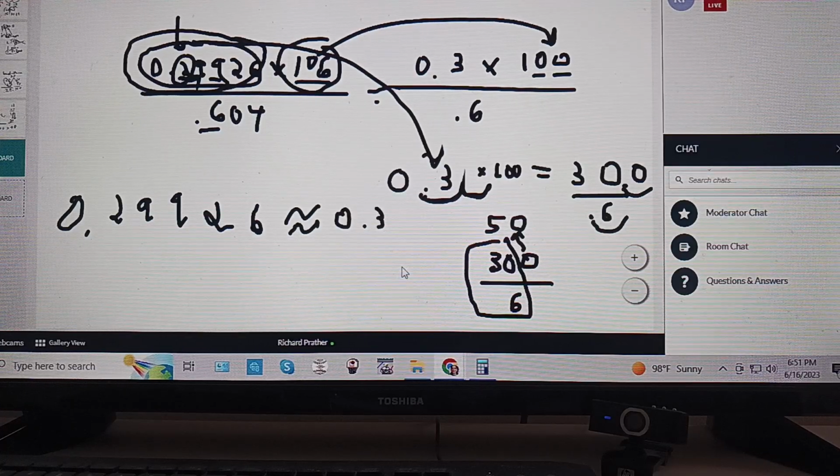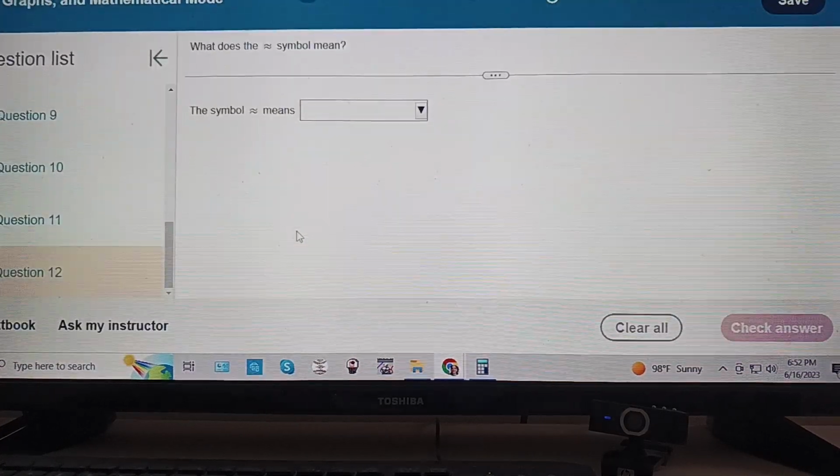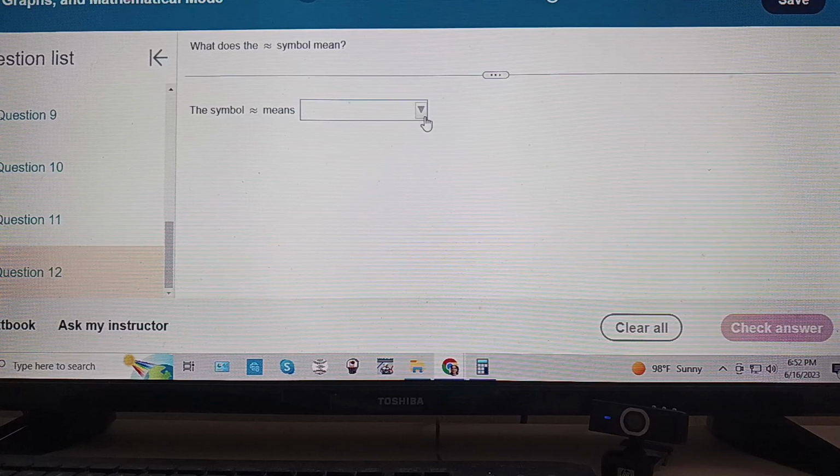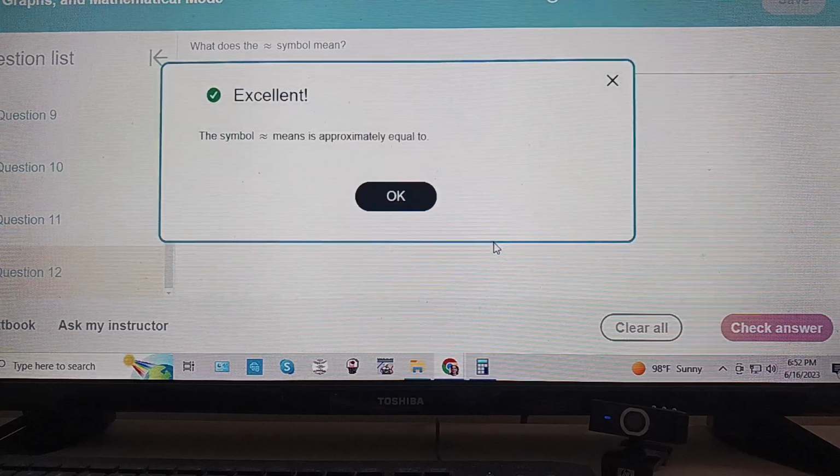That's a way to tell somebody else that you're doing this. If somebody else saw this, they'd say, okay, this long decimal is approximately equal to this shorter one. That symbol means approximately equal. Just so you know that.